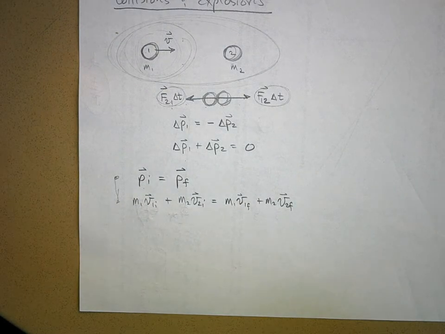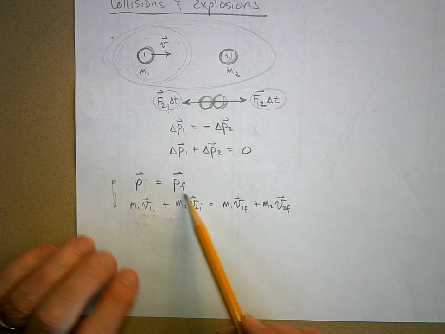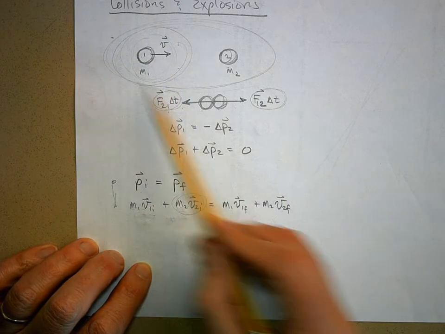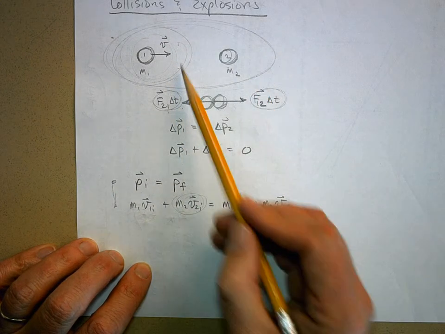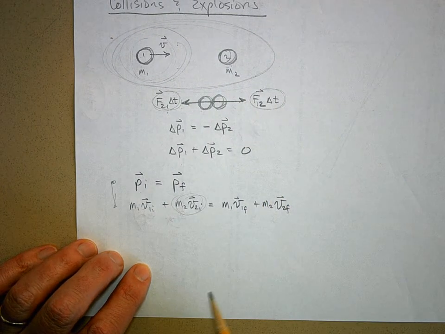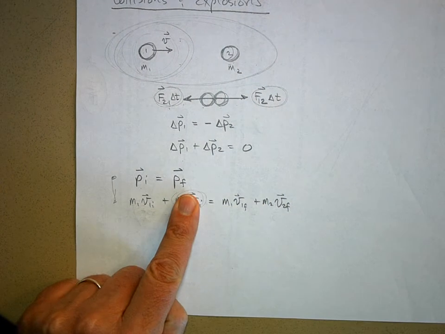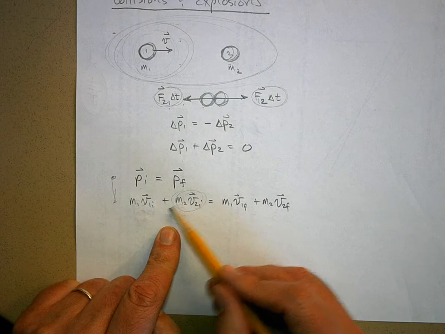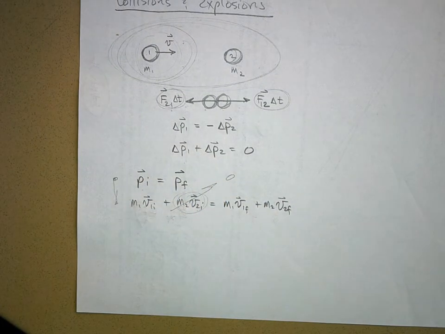What would you do with this term right here if this was the problem I gave you? Well, what's true about the initial velocity of object 2 in my little example? It's 0, so this whole term goes away. But if it wasn't 0, you would just include it in there.